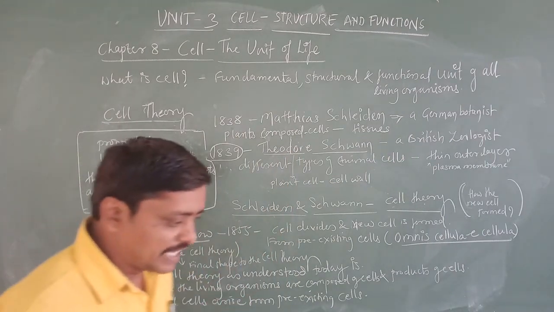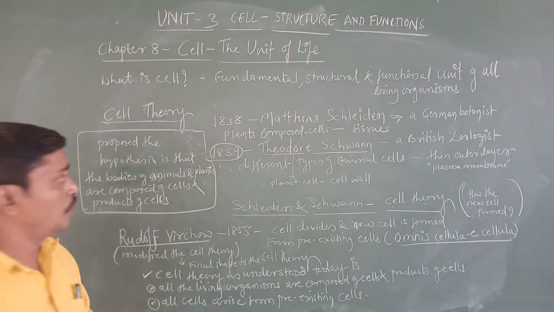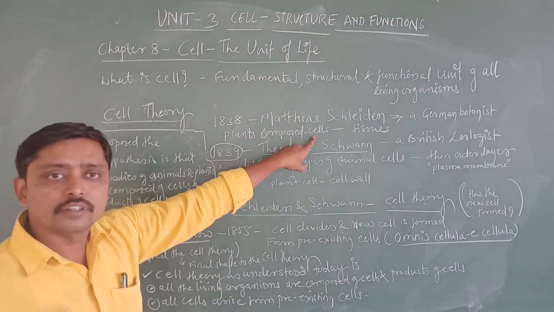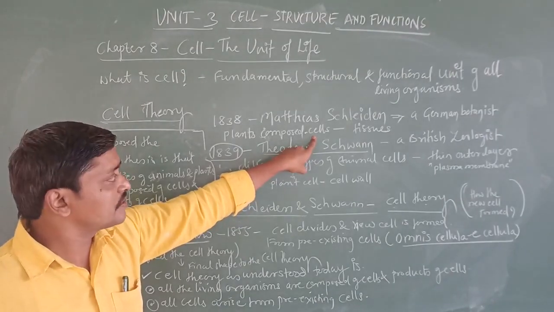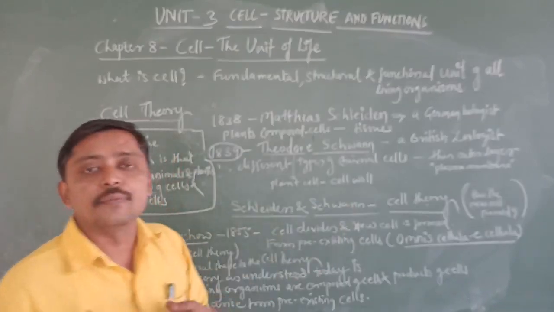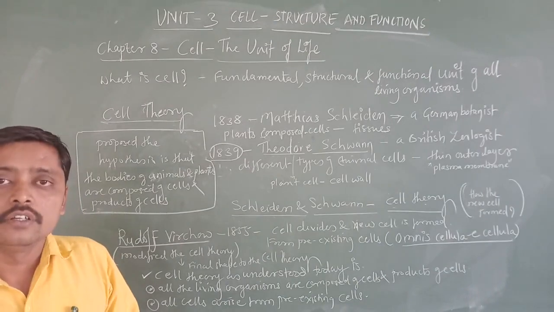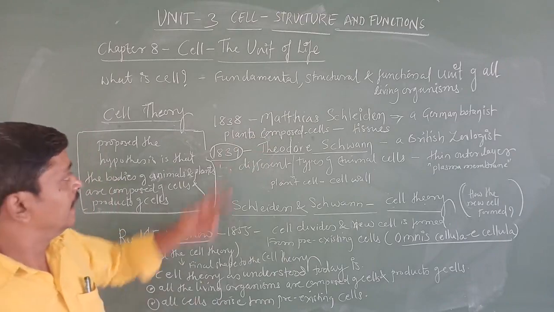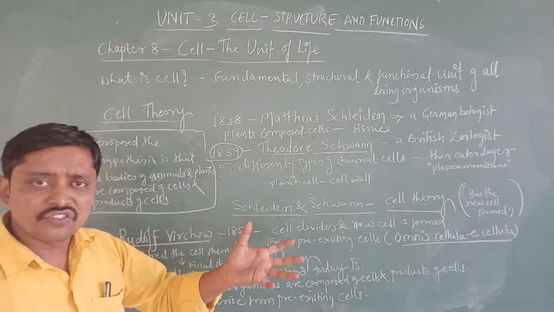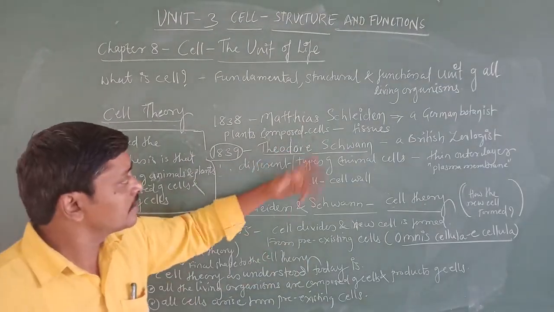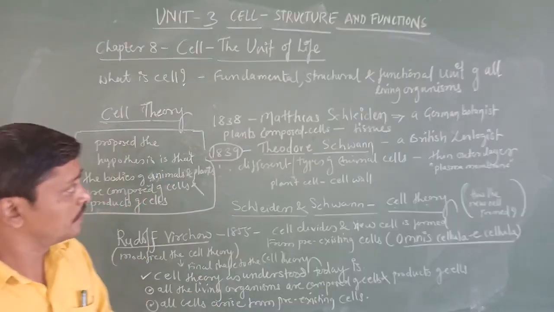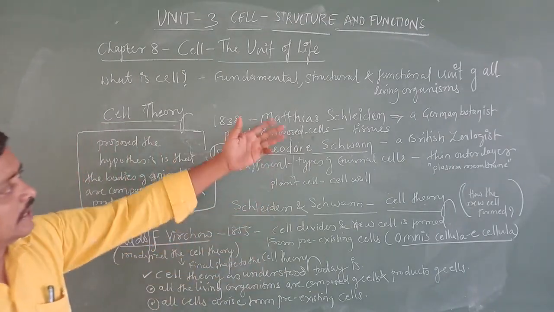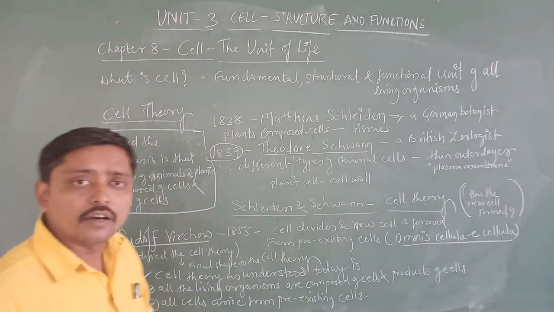He studied many plants, and then he told that plants are composed of different kinds of cells, and those cells are going to form different kinds of tissues. This fellow first told in 1838 that plants are composed of different kinds of cells, and these cells form tissues. Who told that? Matthias Schleiden, a German botanist.